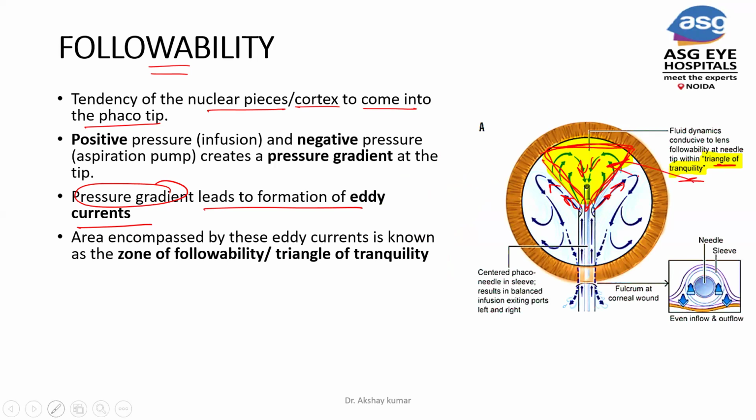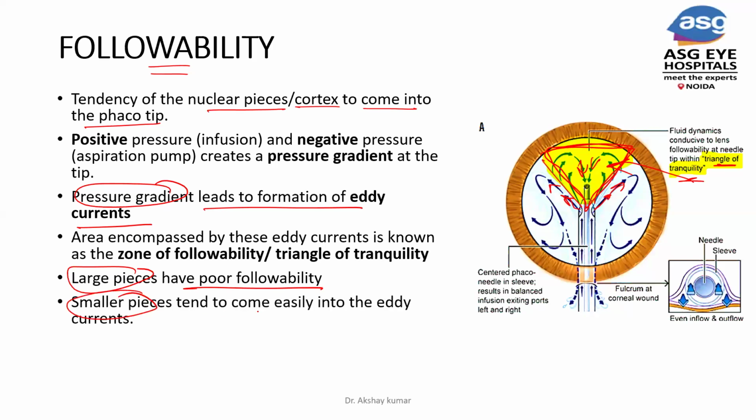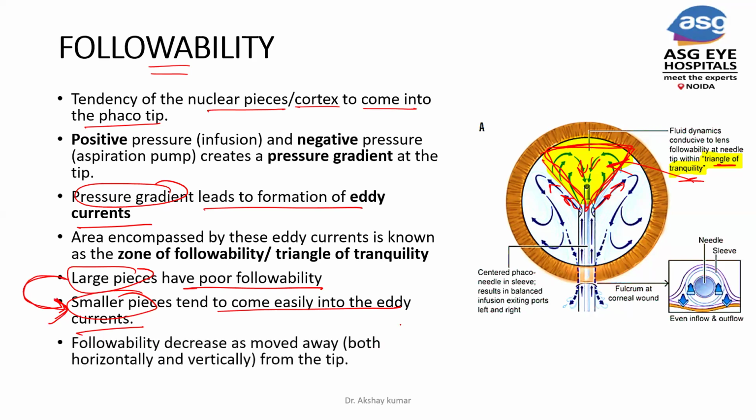In this area you have the best followability. One more thing, large pieces have poor followability and small pieces have a tendency to come easily into the eddy current. So before aspiration, the large piece should be broken down into small pieces, or chopping should be done. Followability decreases as you move away both horizontally and vertically from the tip.